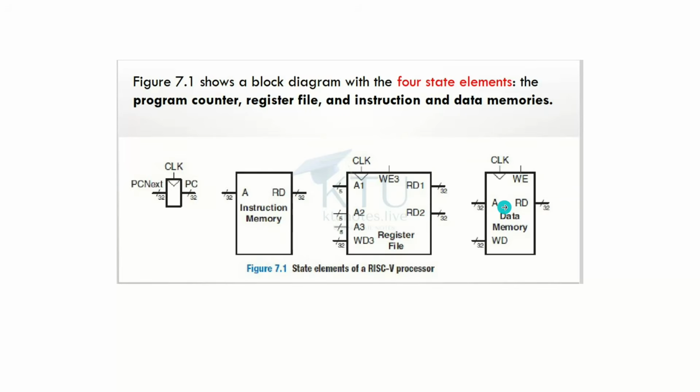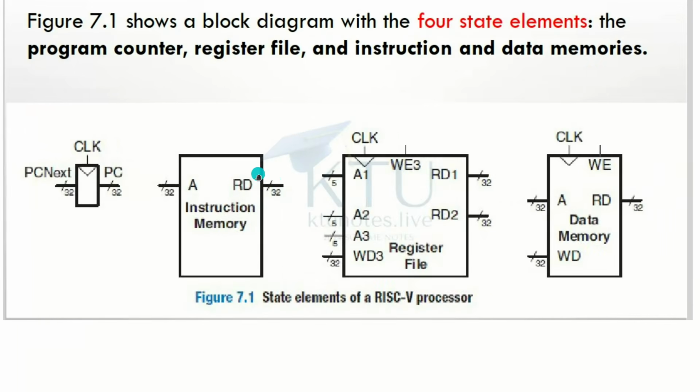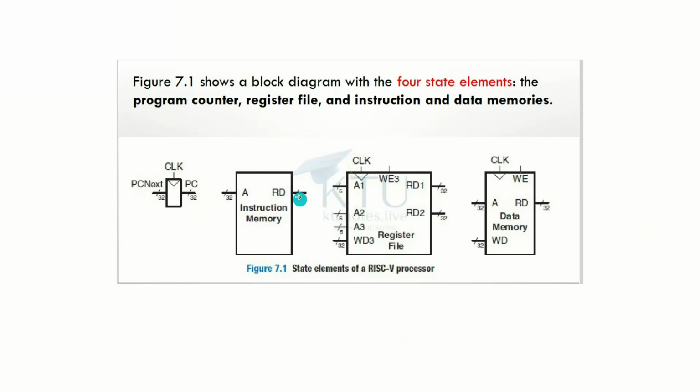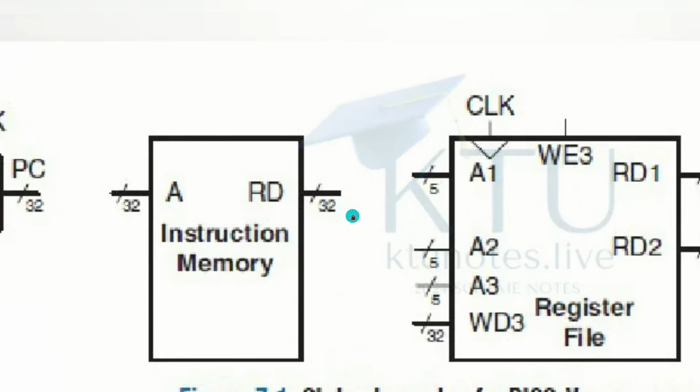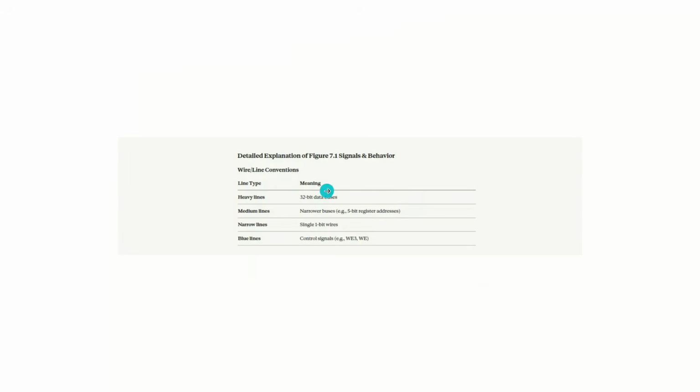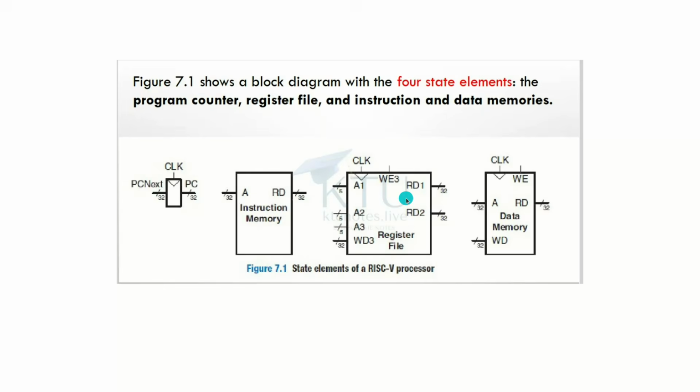There are blue lines which describe the control signals, WE3 and so on. So the 32-bit data bus is the heavy lines, the medium lines are the 5-bit address, and the narrow lines are single-bit signals.